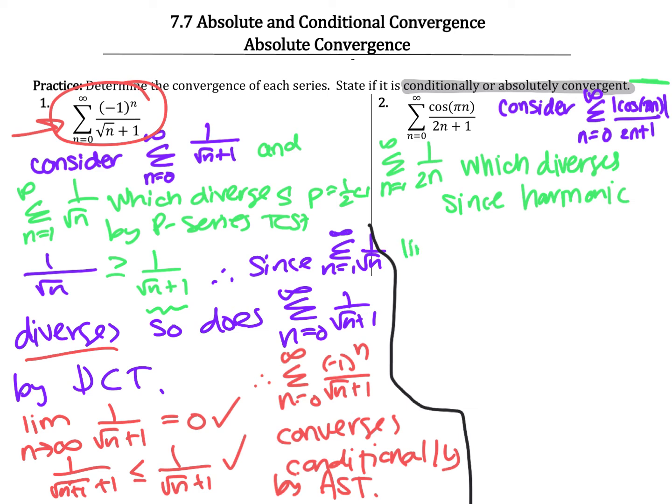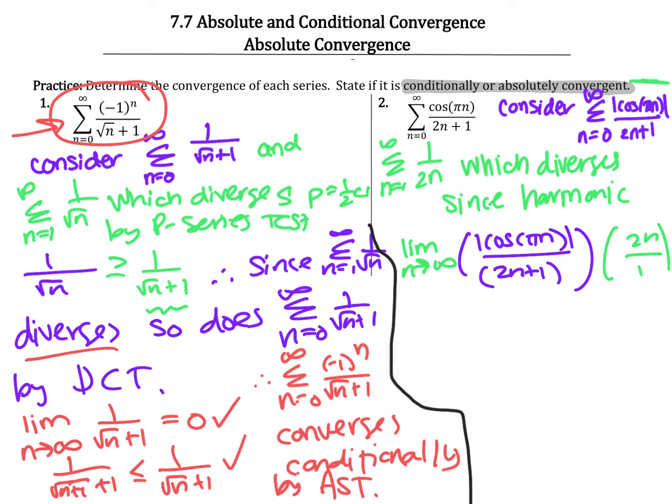So I'm going to look at the limit as n approaches infinity of my purple series, so the absolute value of cosine of pi n over 2n plus 1, multiplied by the reciprocal of my new series. And since the absolute value of cosine is going to be 1 no matter what, this limit is going to be 1 over 2n plus 1 times 2n.